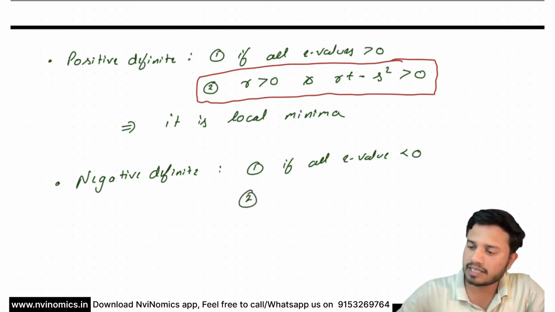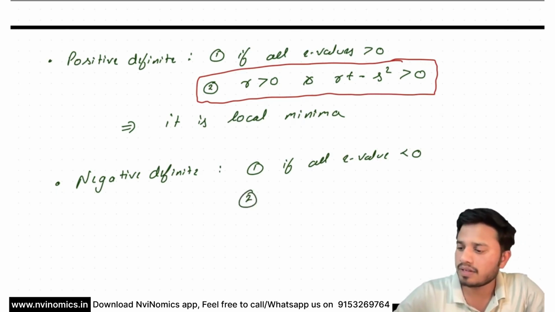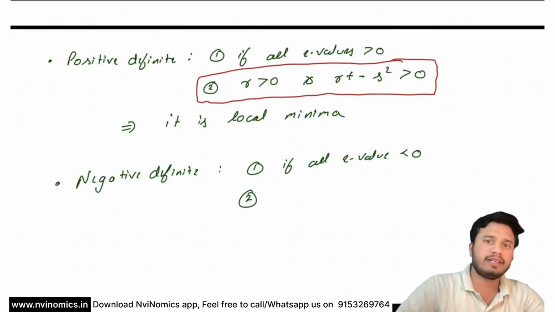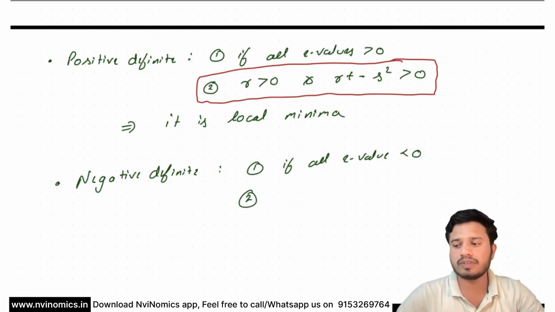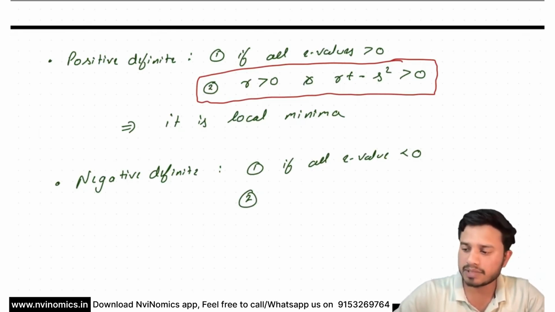And the second condition is that, see carefully, for the negative definite matrix, you always start with a negative sign, that R must be negative, and then RT minus S squared should be positive again.